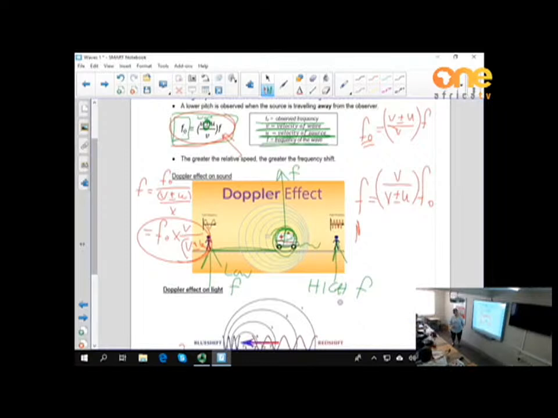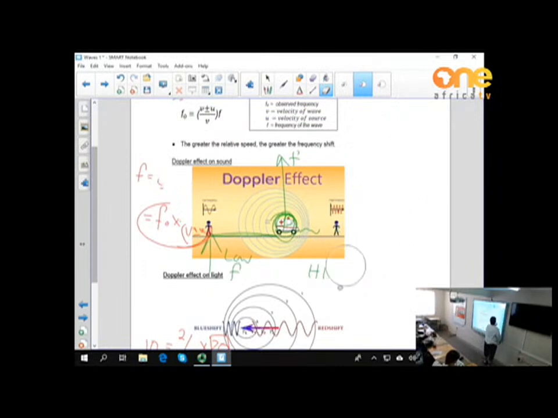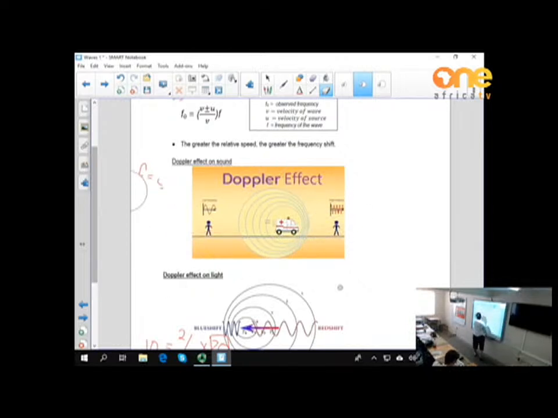It's just a manipulation of the formula that is sometimes a bit messy. Okay, I can rub this out. Sometimes some questions ask for the observed frequency and some questions ask for the frequency of the signal as it is generated.